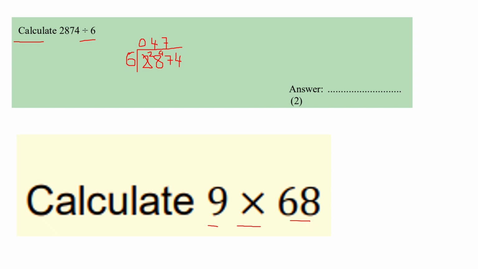So that'd be what? Remainder 5, because between 42 and 47 it's going to be 5. And then 6 into 54 goes 9 times, so we get the answer of 479.